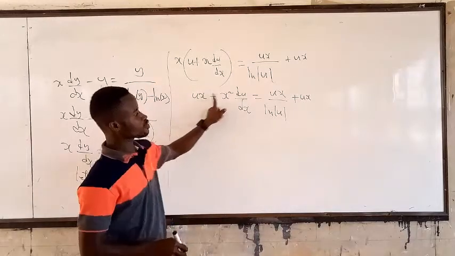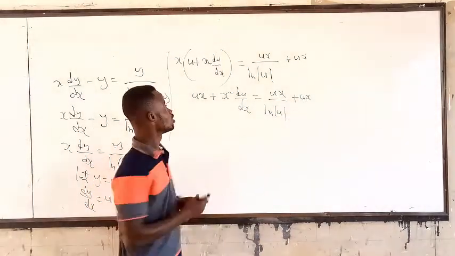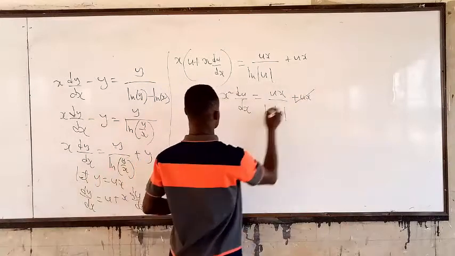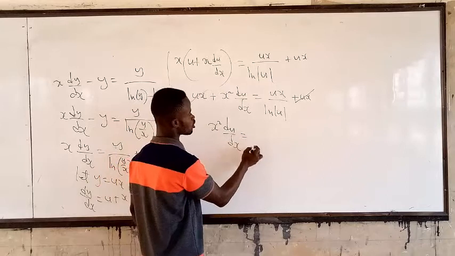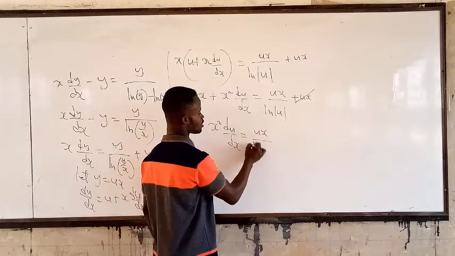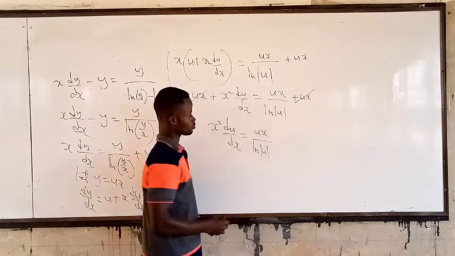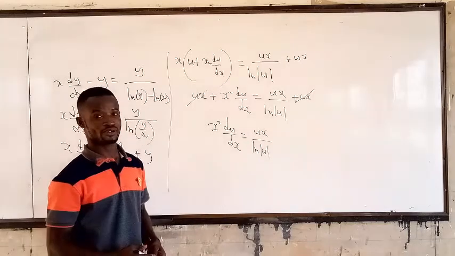Now, when you send this to this side, it will cancel this. So we get x squared du/dx is equal to ux ln u. You see what we have right now?